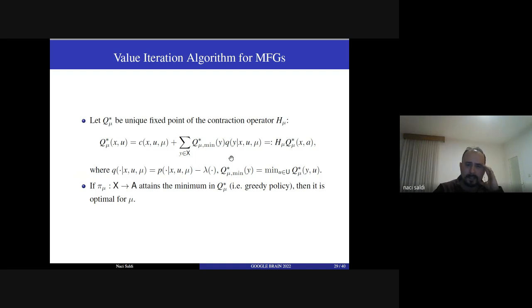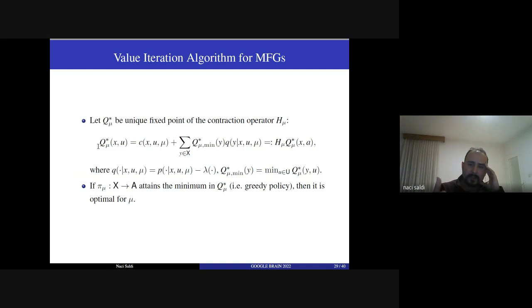Here, instead of our transition probability P, in the definition of this operator, we have little q, where little q is defined as the difference between our transition probability and the minorizing subprobability measure. If I define this operator like that, then I can prove that it is indeed a contraction. And the fixed point of this contraction operator is defined to be this Q function, Q mu star.